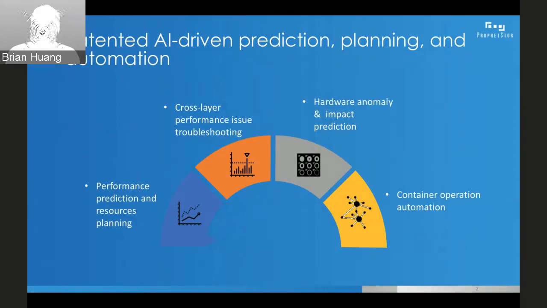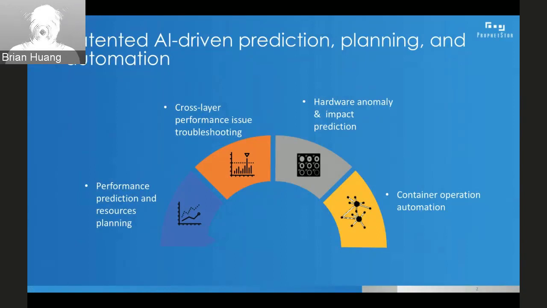We know that the characteristic of container operation is very dynamic, so it is very important to understand what is going on in the future and not just depend on the current metrics to decide when to add new pods or deploy pods on different nodes. So performance prediction and resource planning is very important for efficient container operation.